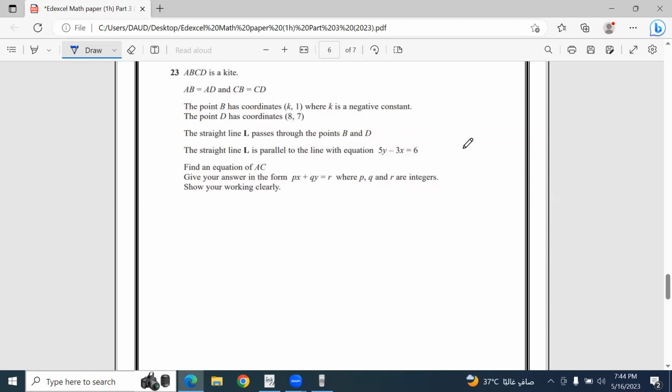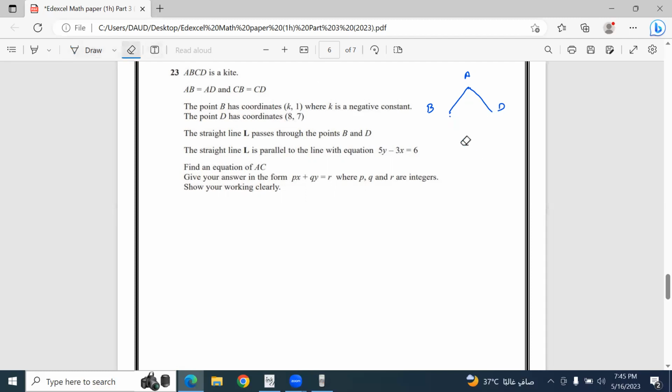So if you try to draw the shape of a kite like that, let's suppose this is point A. So A to B and A to D. This is point B, this is point D, and then you can draw point C down.